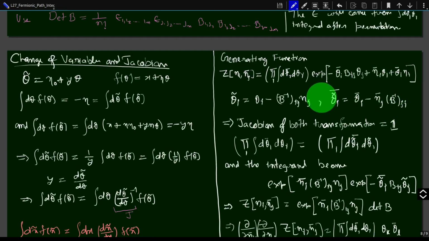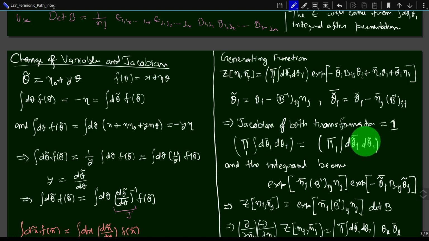Now if I have this definition, then all I have to do is this change of variables, where theta twiddle i is theta i minus B inverse ij eta j, and theta bar twiddle i is theta bar i minus eta bar j B inverse ji. Okay, if I do this transformation, first of all, the Jacobian matrix of this transformation is the identity matrix, so the determinant modulus of that will be 1.